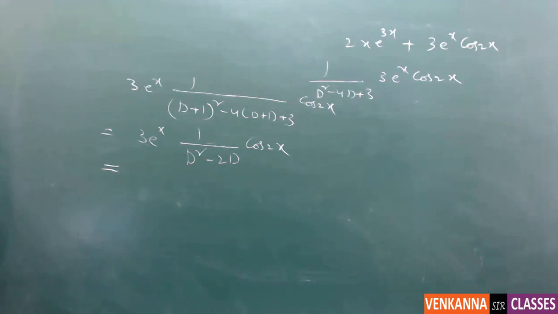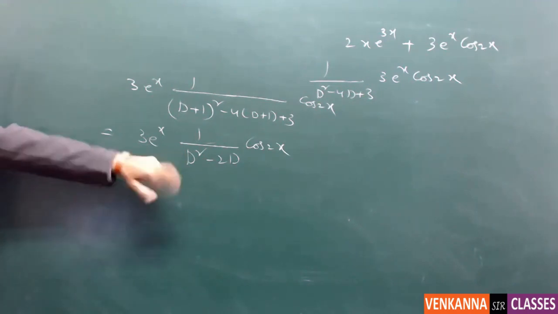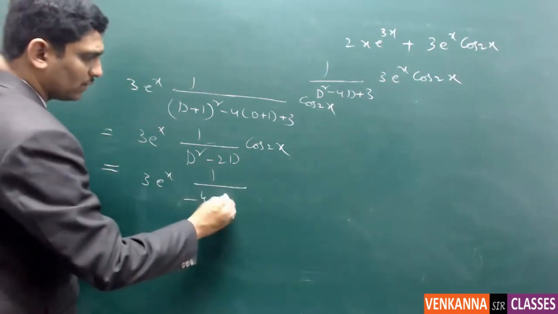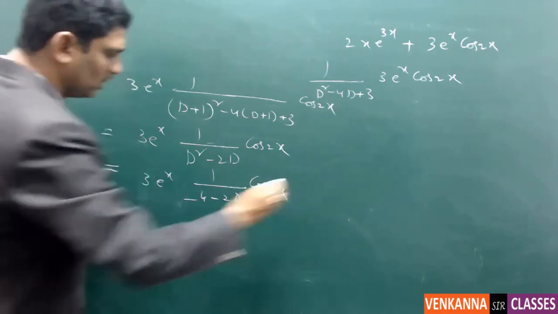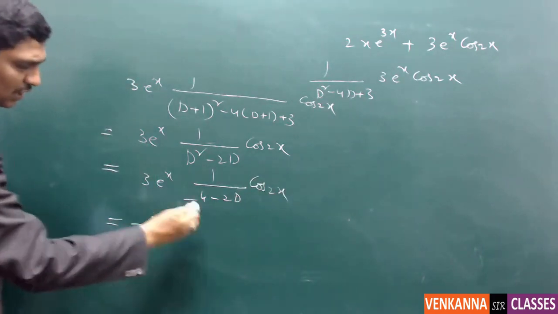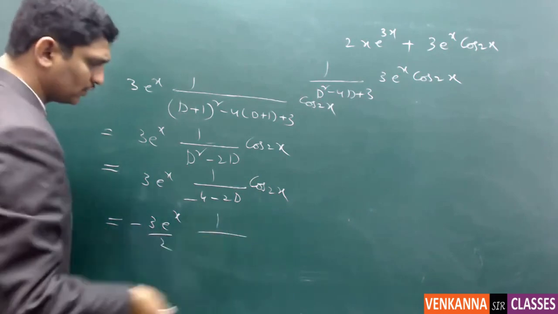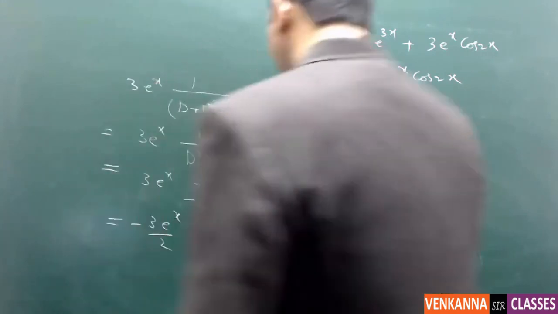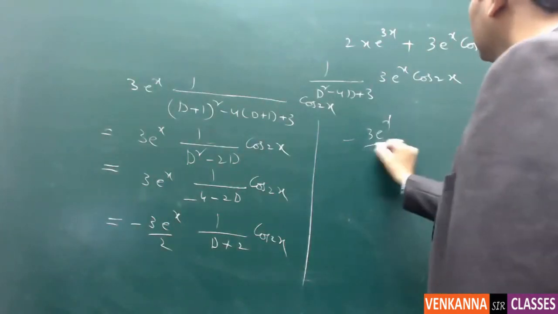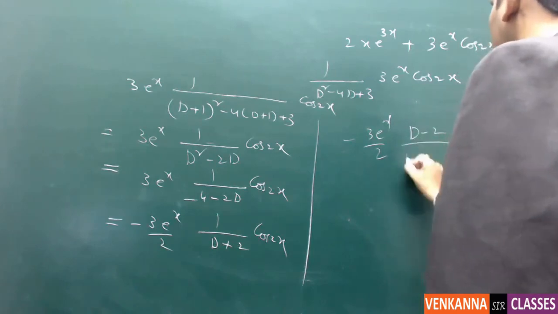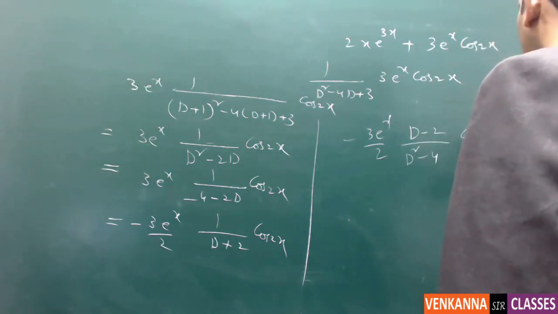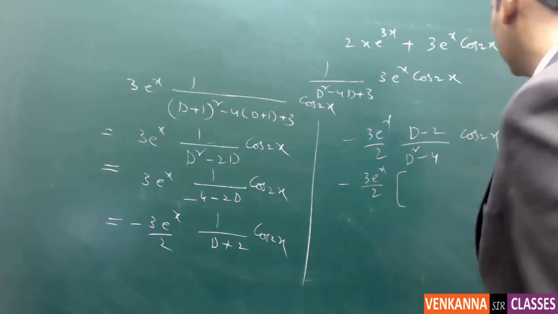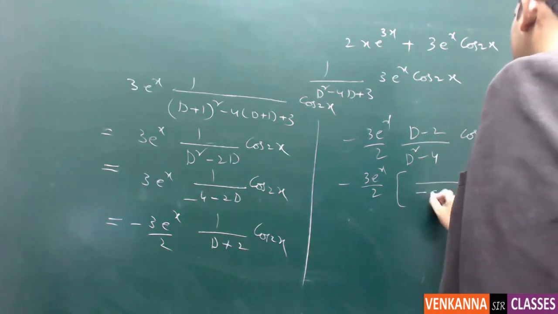So whenever D square is there, we should replace it with minus b square. So 3 e power x into 1 by minus 4 minus 2D of cos 2x. You can take common minus also, 2 you can take common. So D plus 2 cos 2x. You can rationalize this. So applying this, you have minus 8 here.